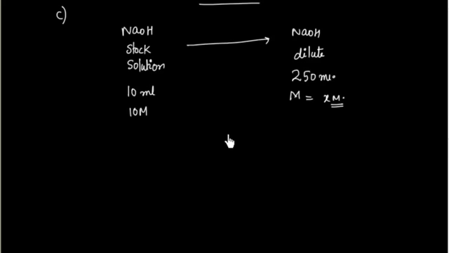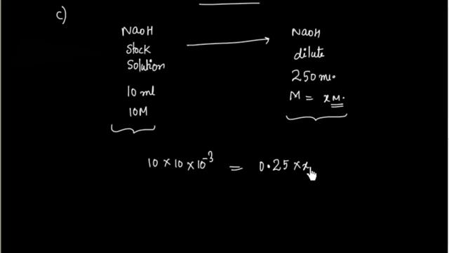So we can find moles of NaOH here, that should be equal to moles of NaOH here. So here we have 10 into 10, and we have to convert milliliter into liter, so 250 ml is 0.25 liter, into x.